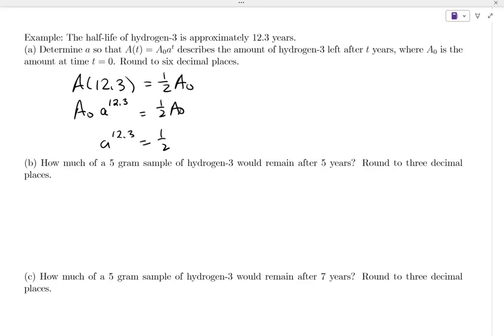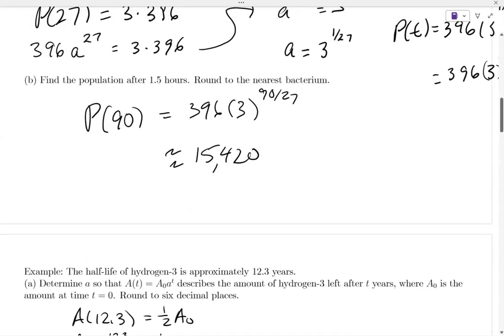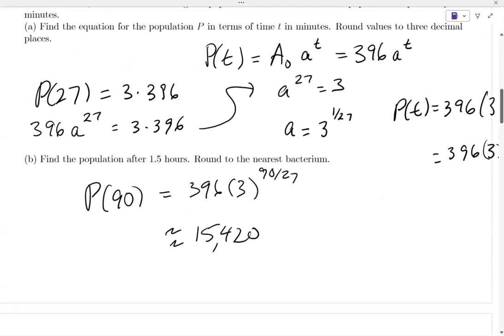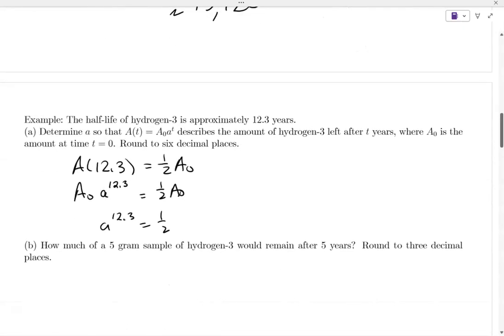And notice, I'm going to scroll back up real quick. Notice that looks a lot like the equation that we had in the previous example, right? So we're going to get that same base idea that we had. So I need to get rid of that 12.3 power. To get rid of the 12.3 power, what do we want?